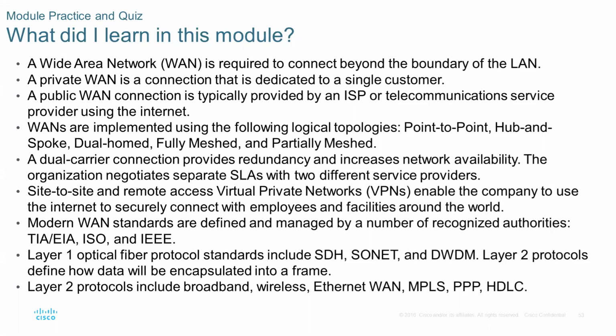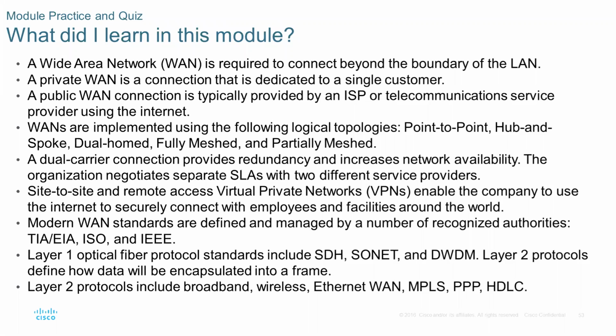We looked at the fact that enterprises make contracts with their service providers, and these are known as service level agreements. We looked at the various uses of virtual private networks to secure communication between locations.